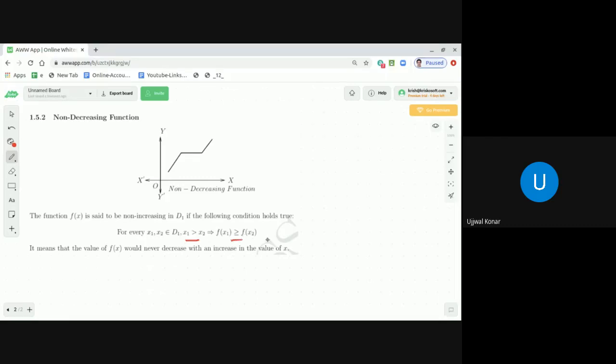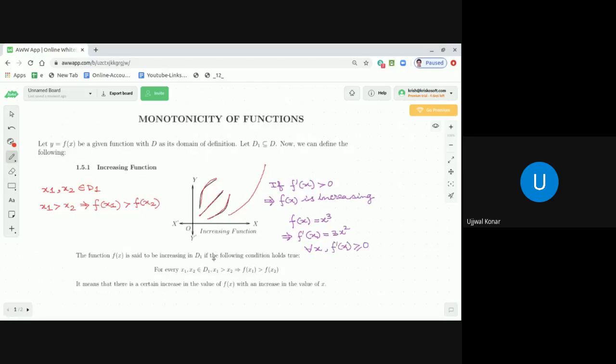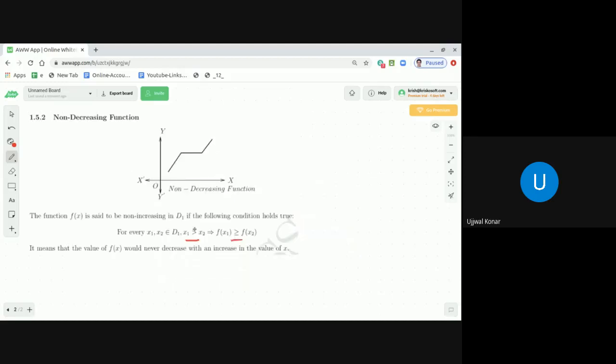Notice the basic difference. In the previous case, it was x1 greater than x2, and we got f(x1) greater than f(x2). Correct, dear students? So here what we are going to discuss is the non-decreasing function. The difference between increasing and non-decreasing is only that greater than or equal to.